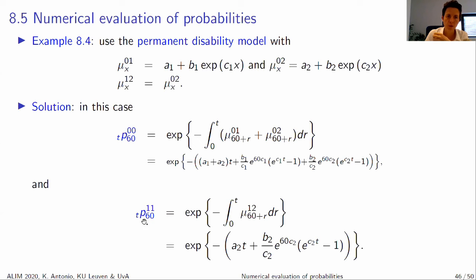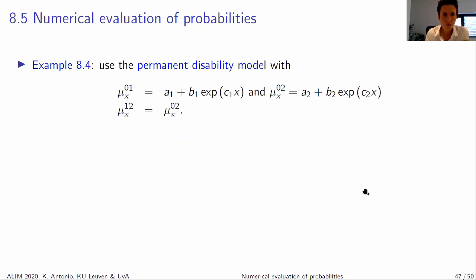Same for the probability to stay in state 1, yeah? And here at least you can work out the integrals analytically, so you can play with these expressions. And apparently, this is the result that I obtained after working out these integrals. Yeah, so here that's still doable.